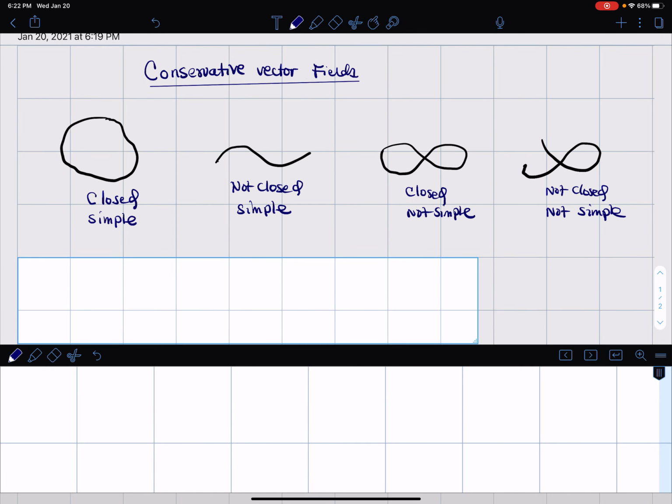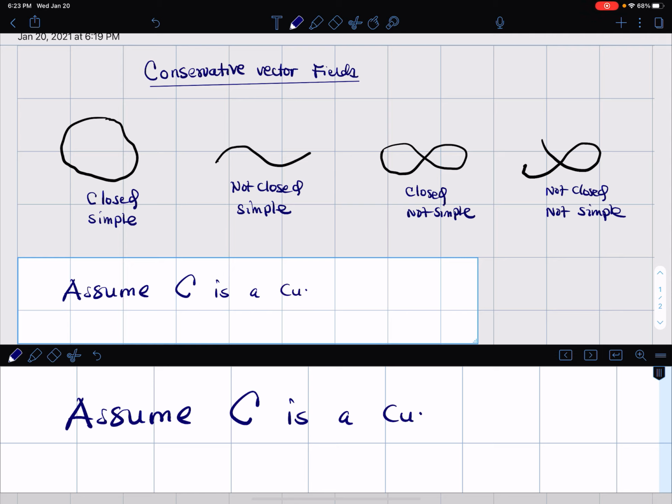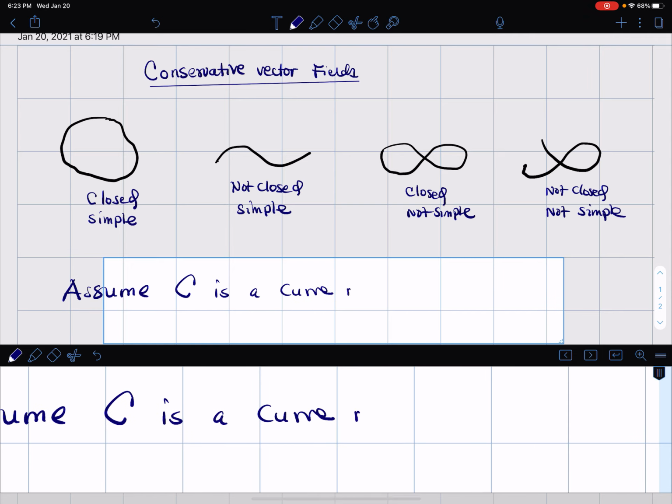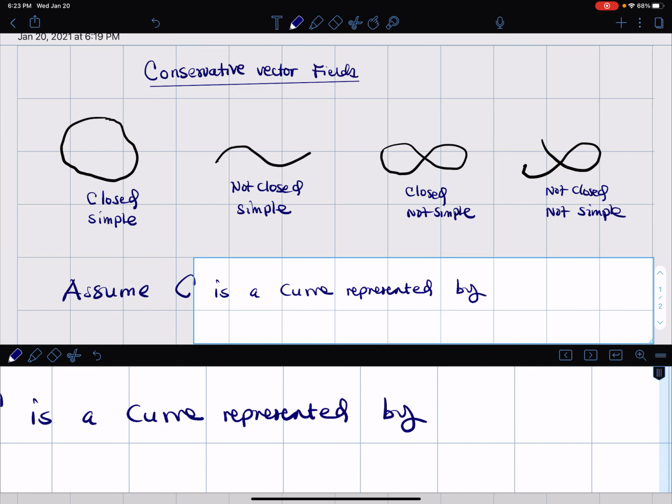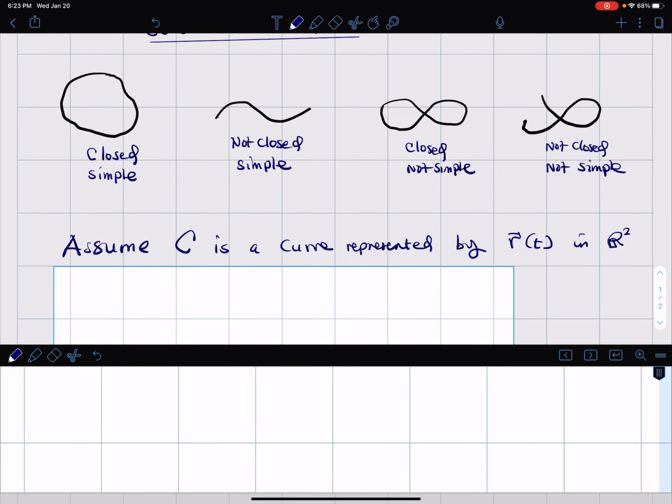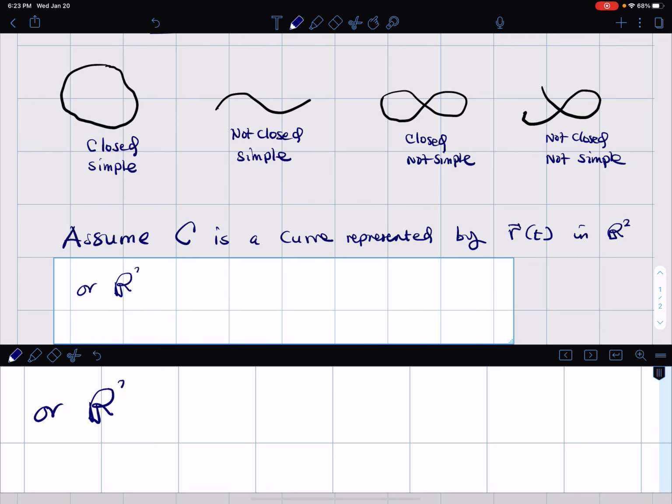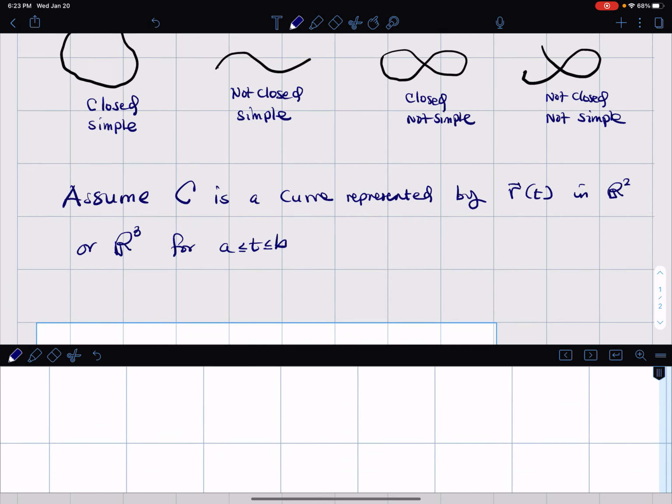So with this, we can give a loose definition of what closed and simple mean. So these are our curves. If we call each of these curves C, assuming C is a curve represented by r(t) in R2 or R3, for t between a and b, all right?